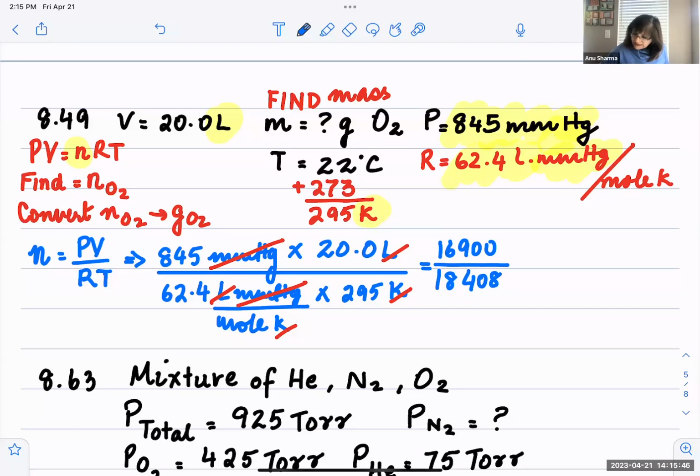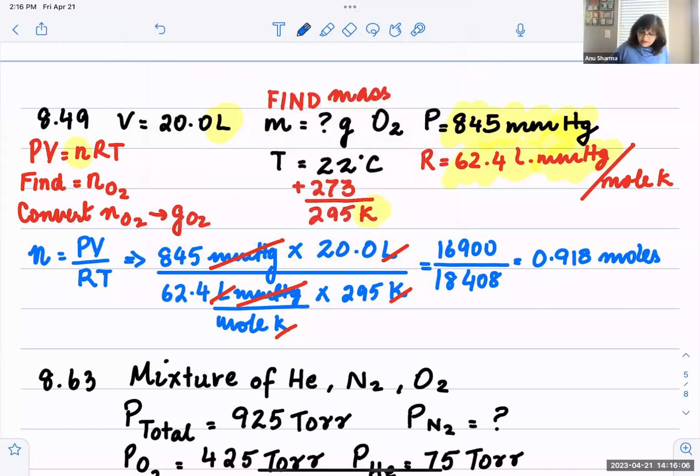So 16,900 divided by 18,408, and you get 0.918 moles.